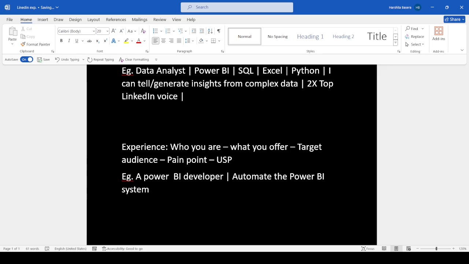This is what you offer. Now what's the pain point? So you can write in just 60 or 50, whatever, 60 days. And the last, your USP or the differentiator, you can write: increased 50% sales efficiency.